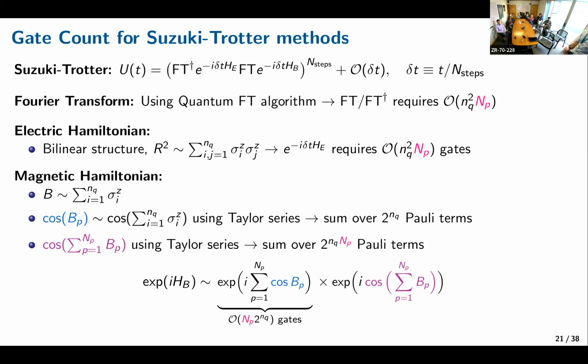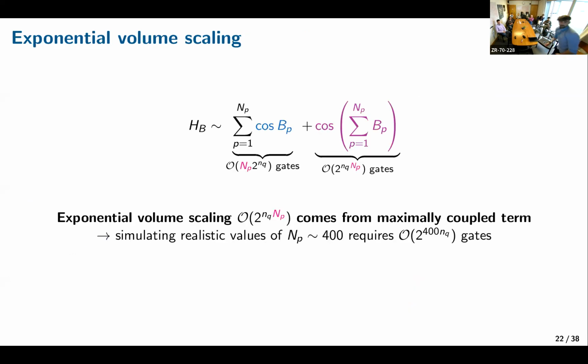So you have an exponential number of terms in the volume you need to exponentiate, and therefore the gate count scaling for this term is exponential in the volume. To summarize, everything was linear except for this one term. This exponential volume scaling, where N_P is the number of plaquettes, comes from this maximally coupled term here in purple. And maybe not surprisingly, exponential volume scaling is killer.